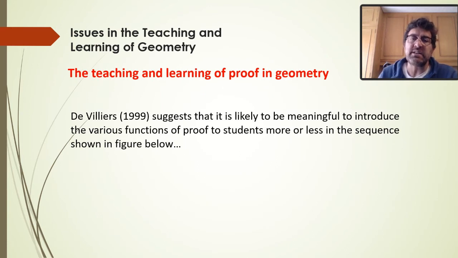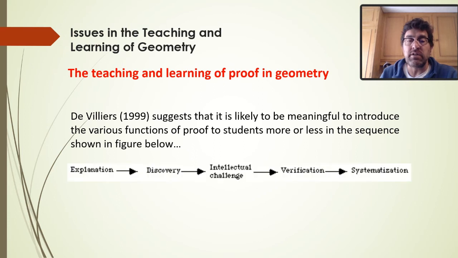He suggests that it is likely meaningful to introduce the various functions of proof to students more or less in the sequence that he shows below. It's explanation, then discovering, it's a sequence, then providing an intellectual challenge, then verifying from that challenge the things that we have conjectured to be true.